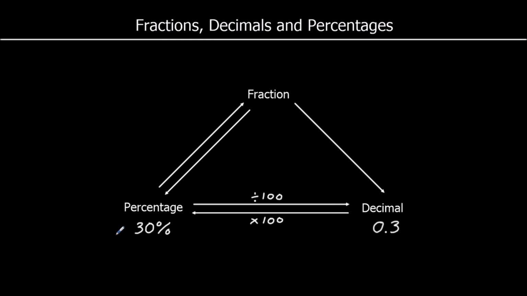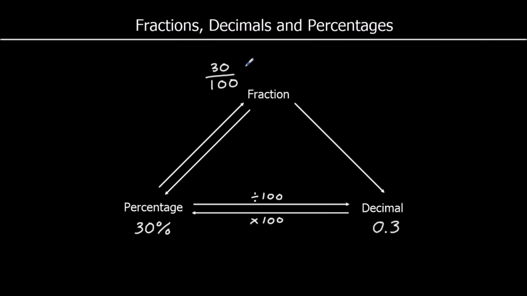To change a percentage to a fraction, I can just rewrite the percentage as a fraction. A percentage is really a fraction out of 100. So 30% means 30 over 100. So if ever you've got a percent, that's the same as a fraction out of 100.